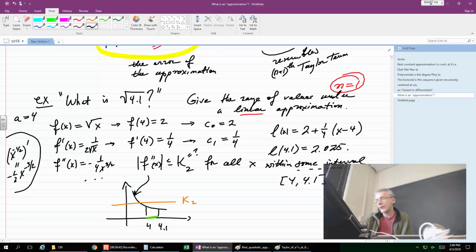This is the graph of the absolute value of my second derivative, which happens to be y equals 1 over 4 x to the 3/2. This is x, this is y. So what's k2?